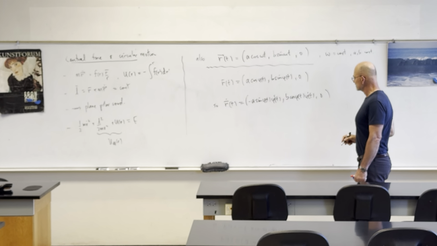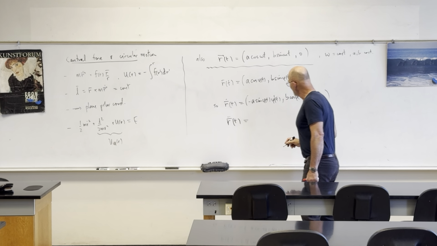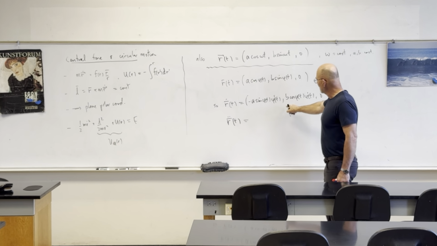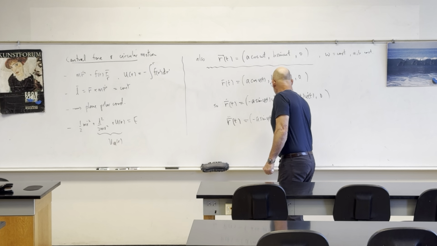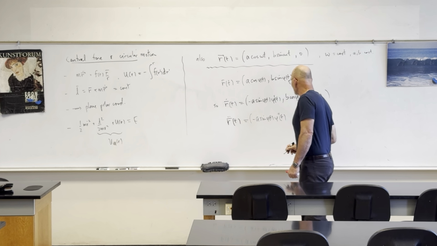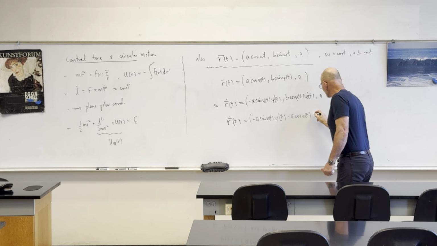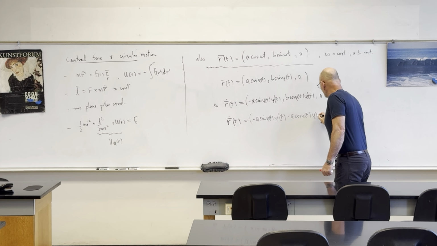But if you did an acceleration here, you're going to get a little more than that. You're going to get minus a sine phi of t times phi double prime of t, minus a cos phi of t times phi prime of t squared.